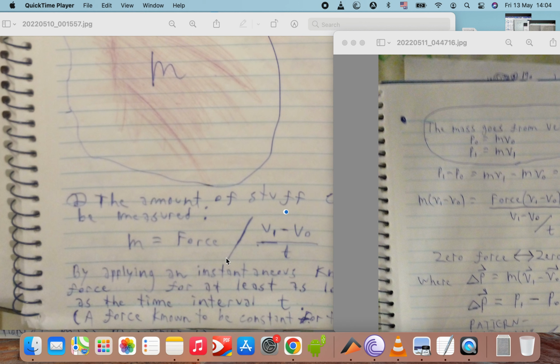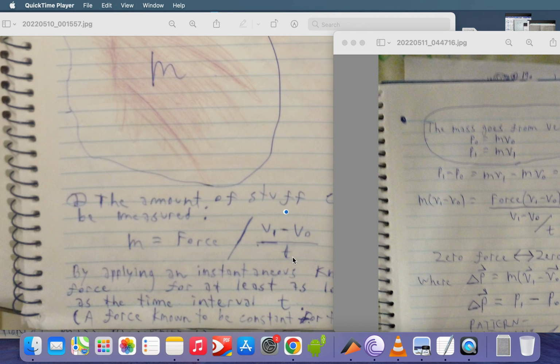So before we do that, we have to realize that in the case of no force being applied, this formula gave an indeterminate form, because the numerator is zero and the denominator is zero.